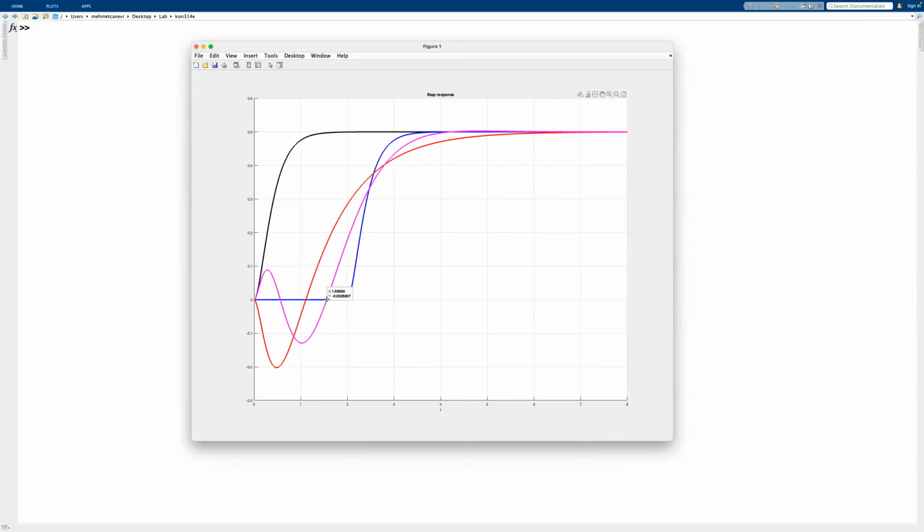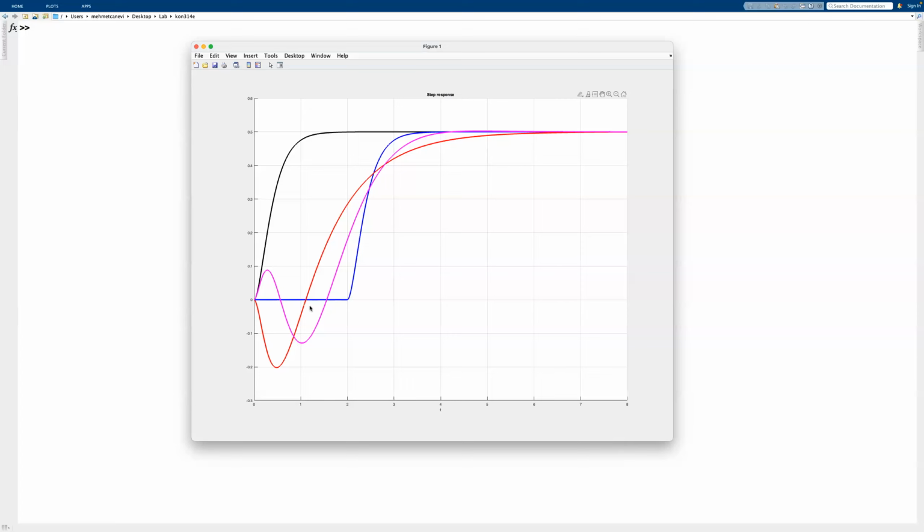Now, the magenta one has 1.55 seconds approximately, and models the dead time only with 1.55. If we would be able to do this a little bit better and waste exactly 2 seconds, we would be at least correct in terms of delay.